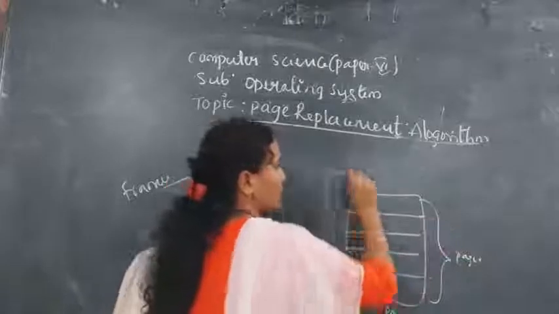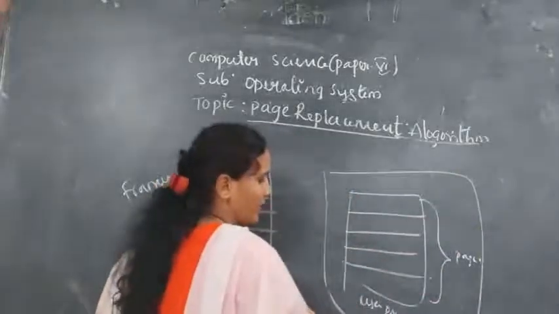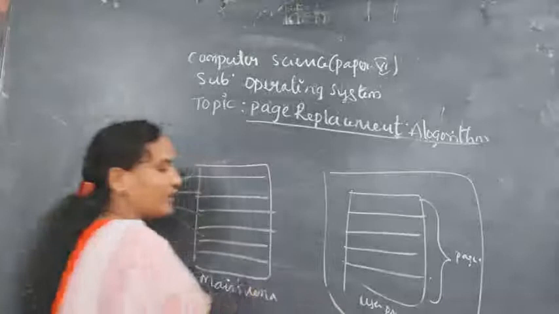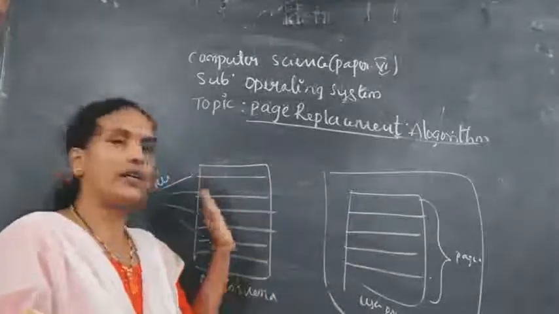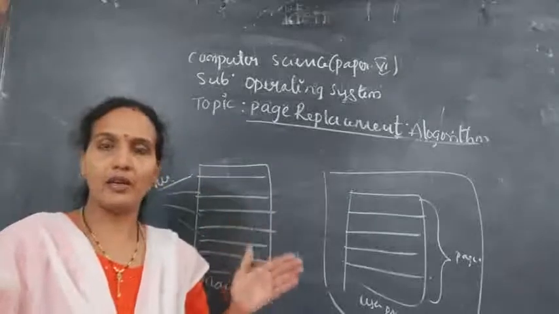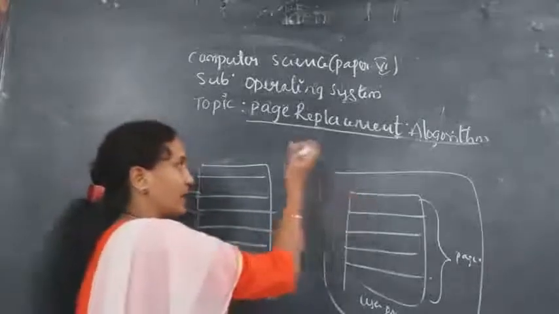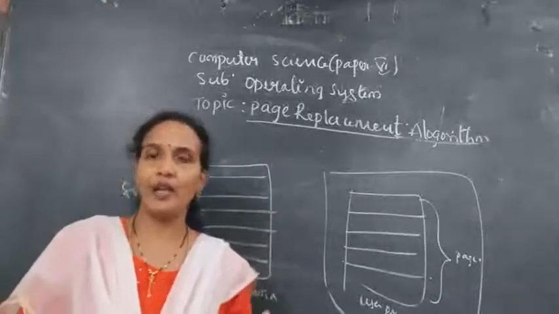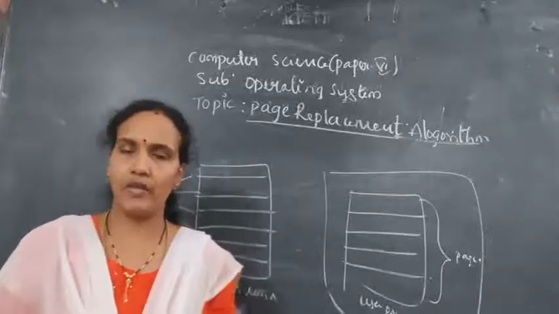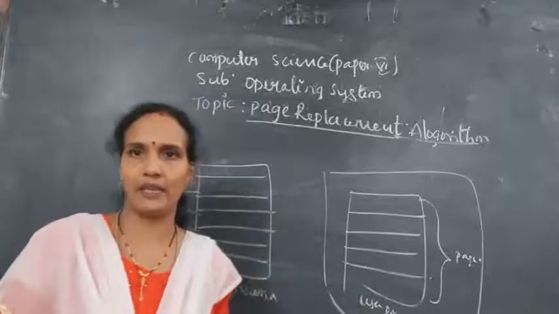This program is in a backing store, in the secondary memory. Whenever the user wants to execute any page, it should be loaded into main memory. Exactly one page is stored in one frame, which is why the size of the frame and the size of the page should be the same. These points we already discussed in the previous classes.